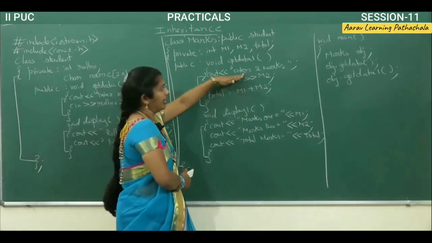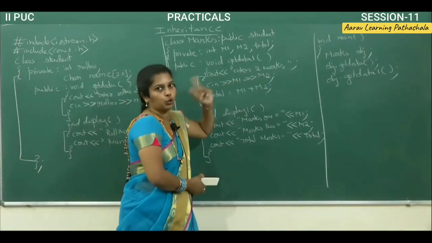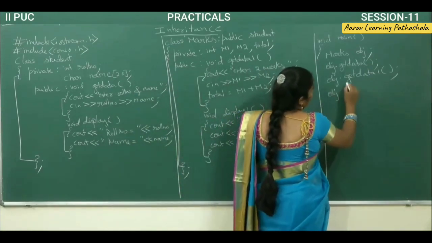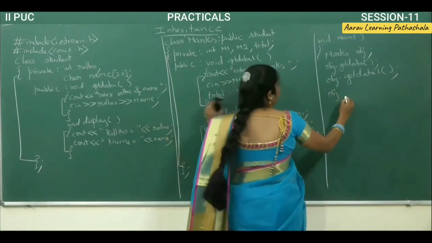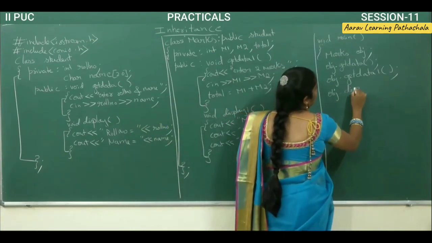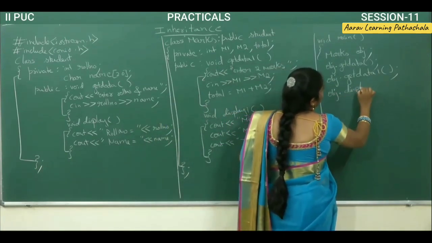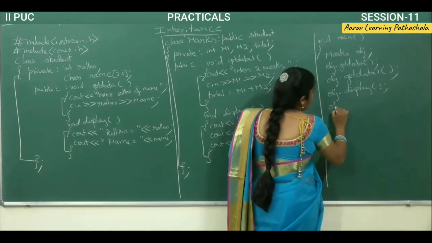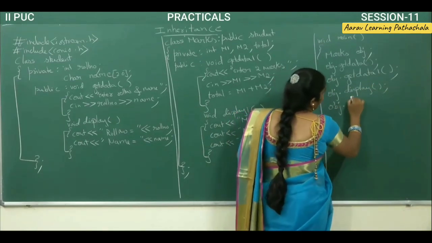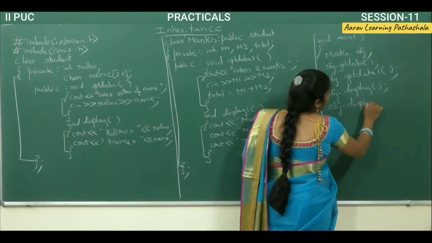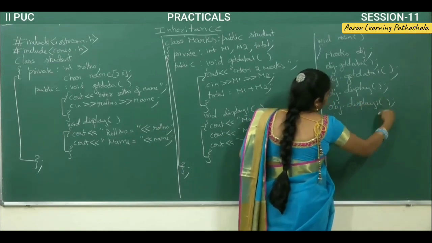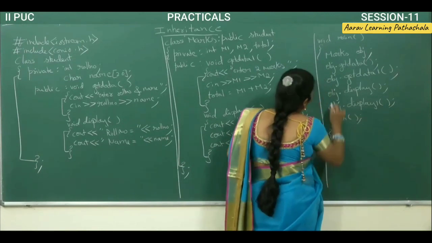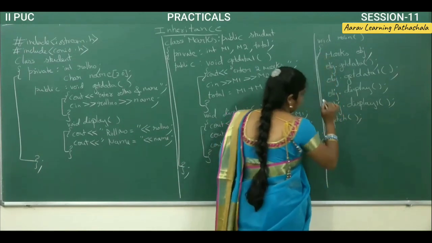Then next you are going to get enter 2 marks, marks 1 and marks 2 you can input. Then object dot, next I want to display the value, display function. Next call object dot display 1 function. Next getch, close the main program which you opened.